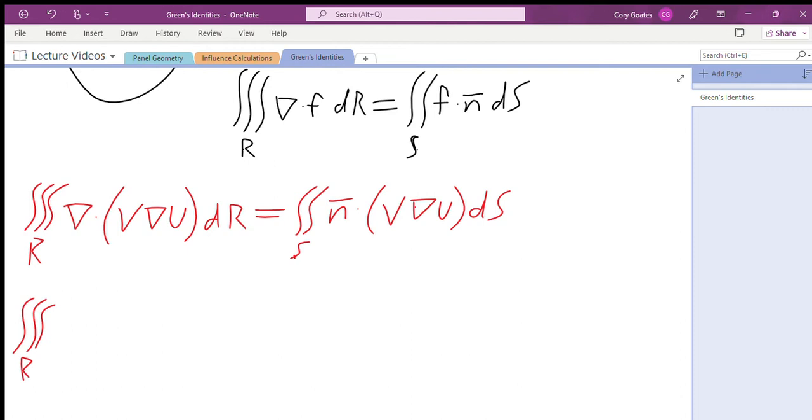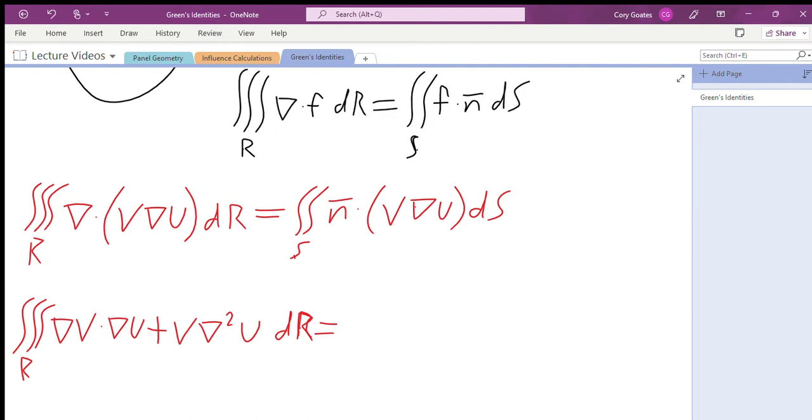We get grad v dotted with grad u, and then applying it to the second term, plus v grad squared u dR. Okay? If you're a little shaky on that, pull out your calculus textbook and review the product rule and the gradient operator.